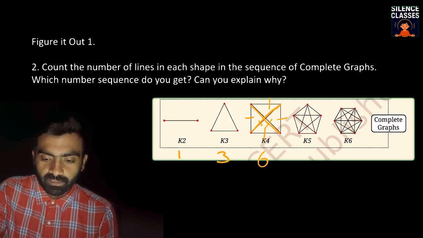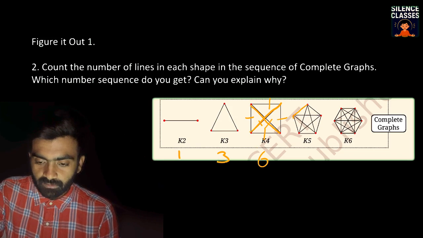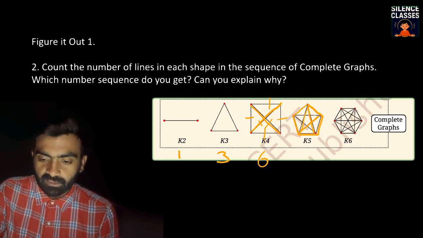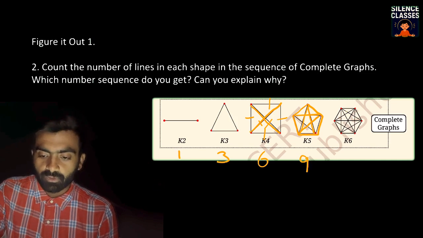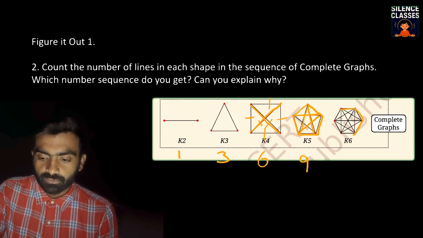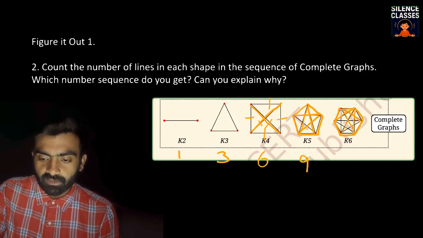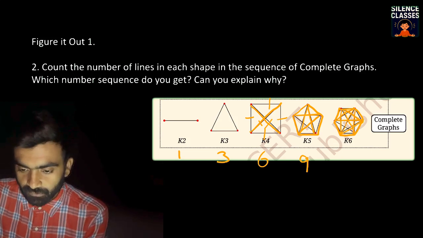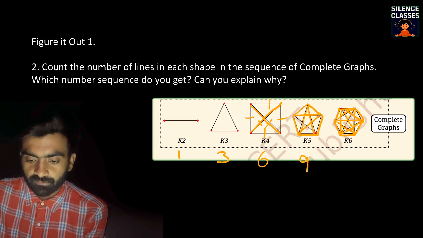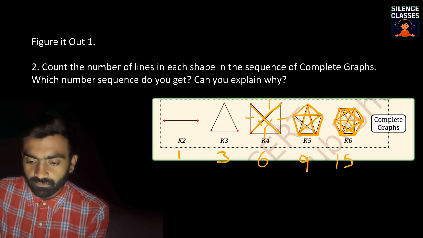Now let's talk about 1 2 3 4 5 6 7 8 9. Now if we talk about this one, 1 2 3 4 5 6 7 8 9 10 11 12 13 14, okay, and 15, we will get 15.